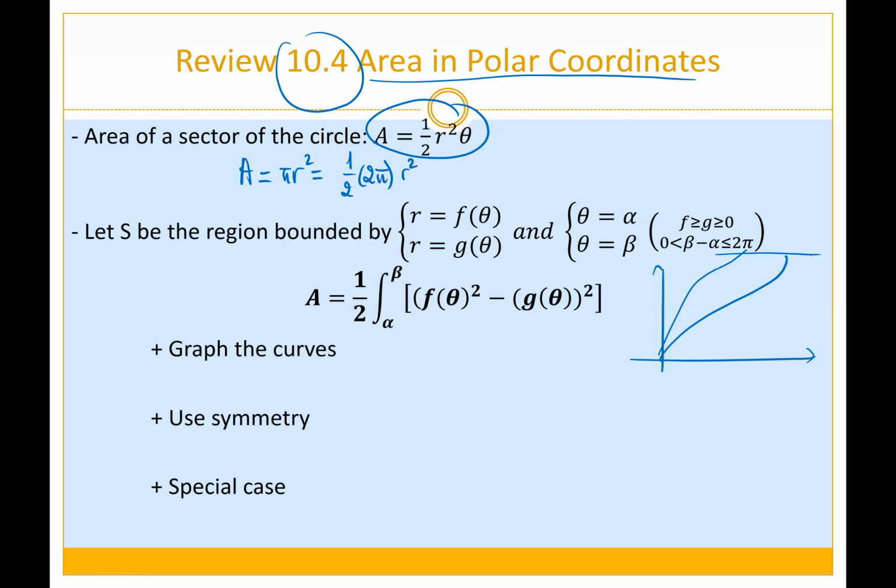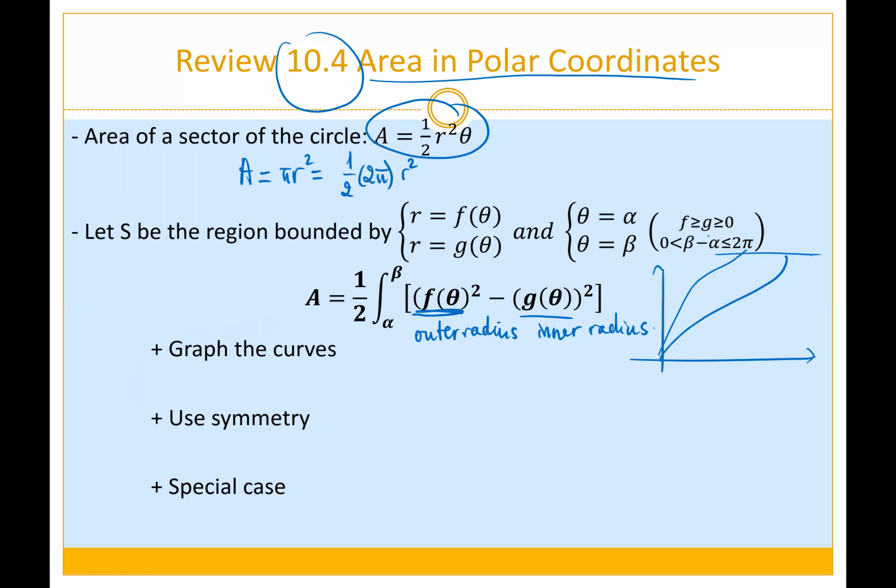And so your area is going to be half the integral from alpha to beta of f theta squared minus g theta squared. In this case, f theta is going to be the outer radius, and g theta is going to be the inner radius. And with beta minus alpha smaller than or equal to 2 pi, and it's a positive angle.